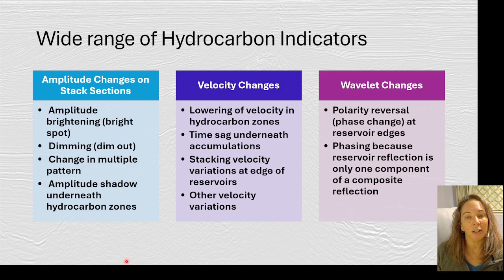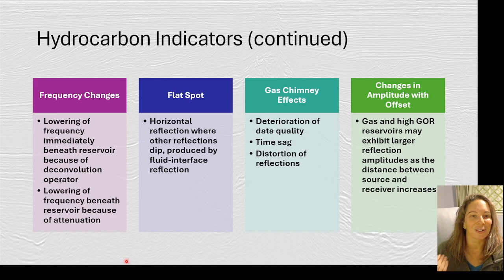You've got different polarity reversals. You could have different phasing of the wavelets as they go through hydrocarbon. And then there are frequency changes that happen. The thought is that the gas attenuates some of the frequencies, so it causes a lowering of frequency beneath the reservoir.